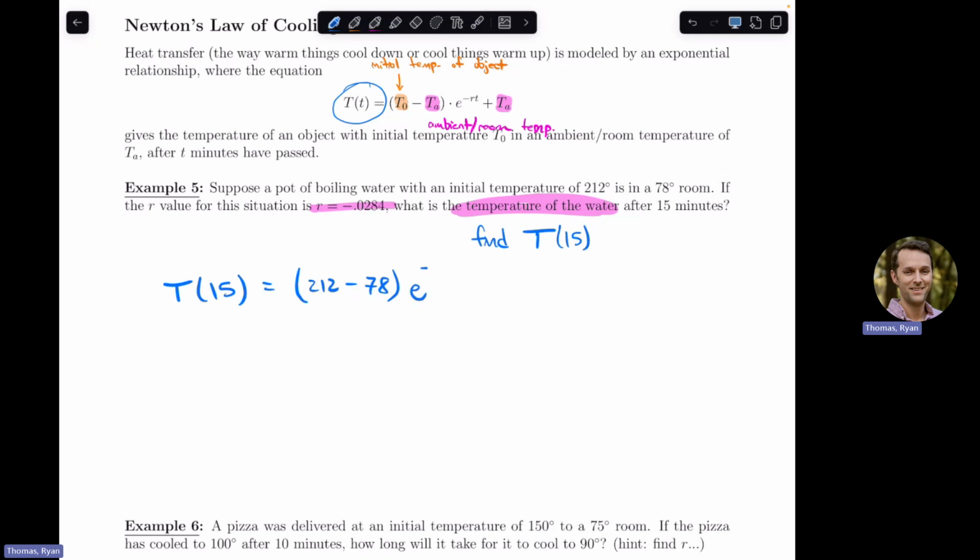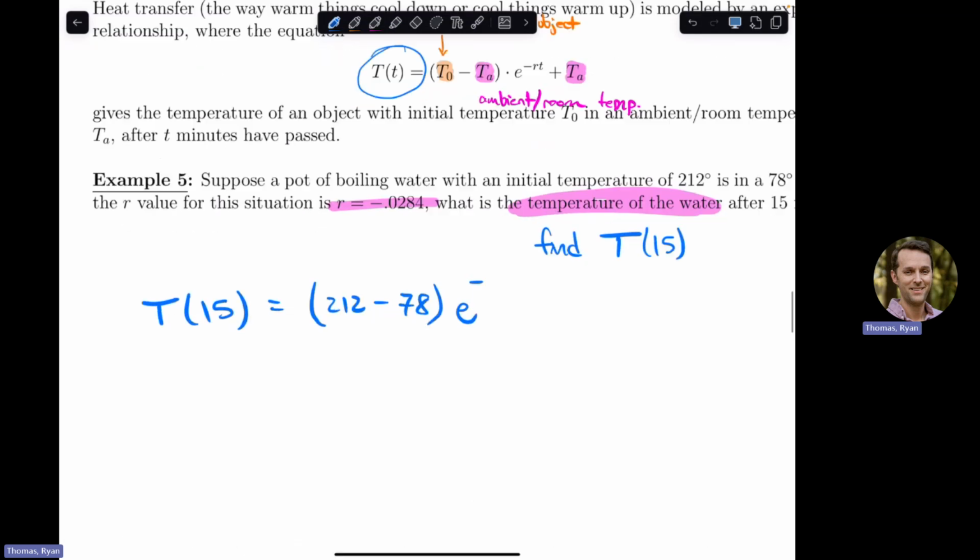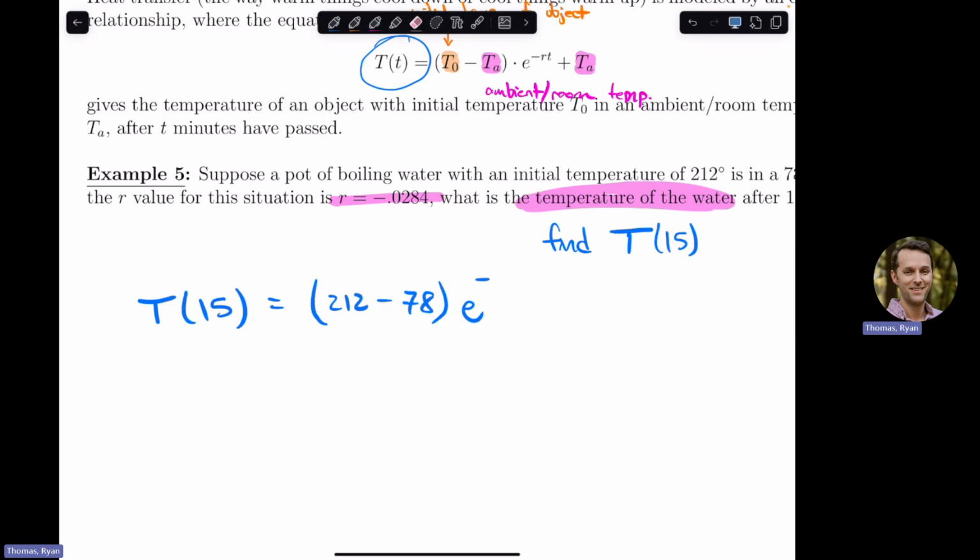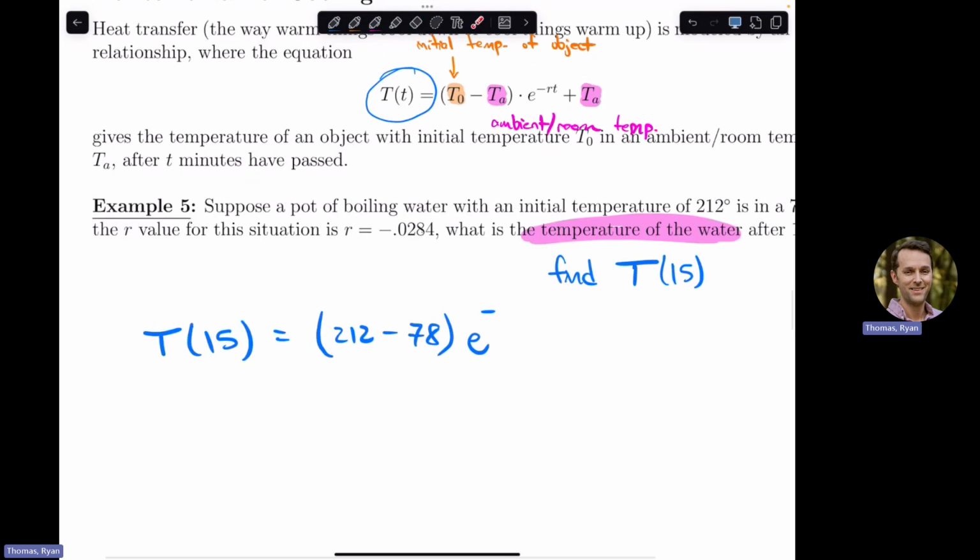E, negative. Okay, real quick here, just because there could be some confusion about this. Depending on where you look and how things are stated, sometimes it'll have the negative built in there. Sometimes it won't. I just realized that when I wrote this, I didn't think about that. What I mean here is that this whole R term in the exponent should be negative.